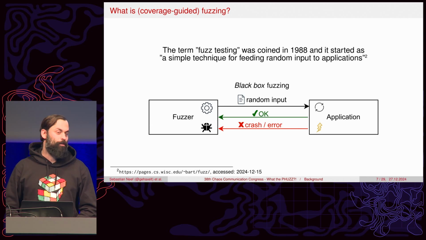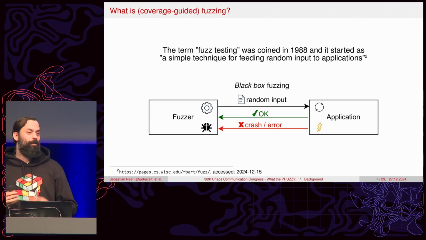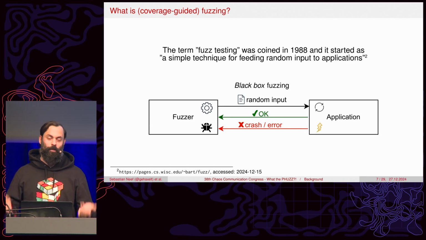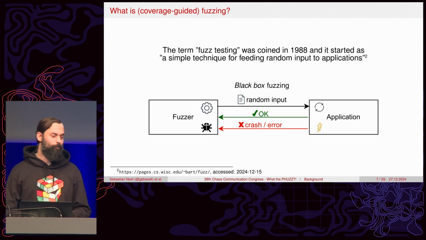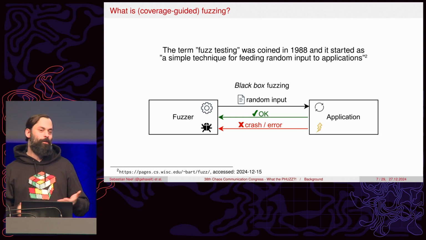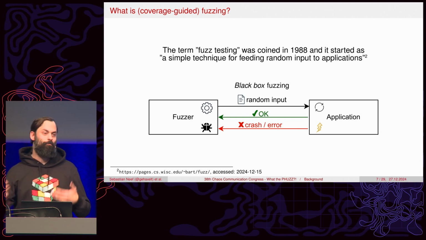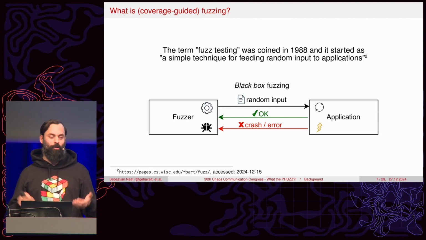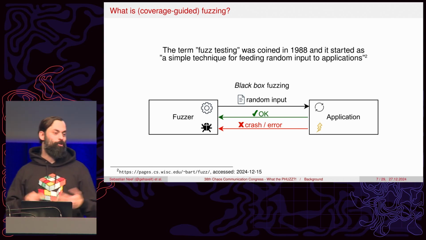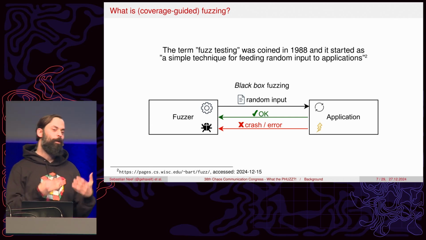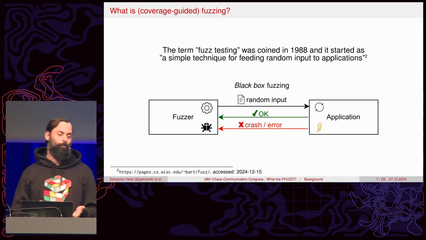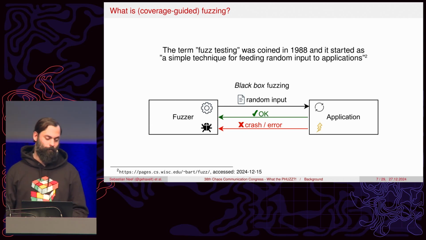The other case is that the application fails to properly handle the input. It might crash, it might show some weird behavior. This is where the fuzzer notices that the application misbehaved, and this might be a potential vulnerability, or something about this particular randomly generated input caused the application to misbehave.